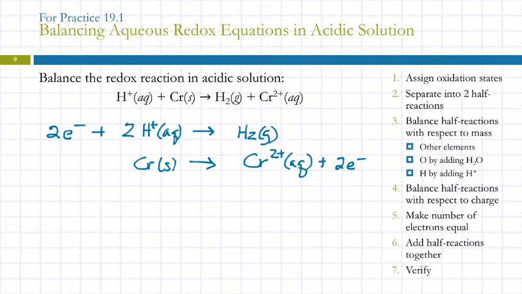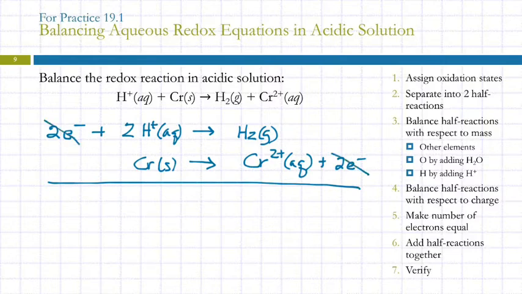We need to make sure that our numbers of electrons are the same. This time they are. There's 2 there and 2 there, so we don't need to multiply. We can just add these together. The electrons should always cross off, just like spectator ions cross out, and then we write down what's left.